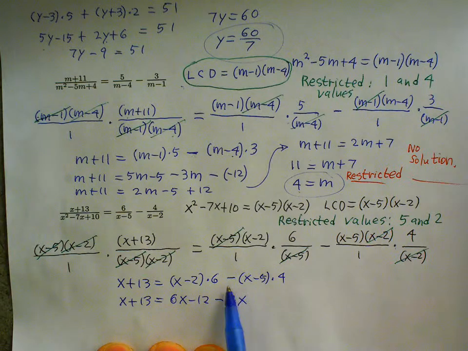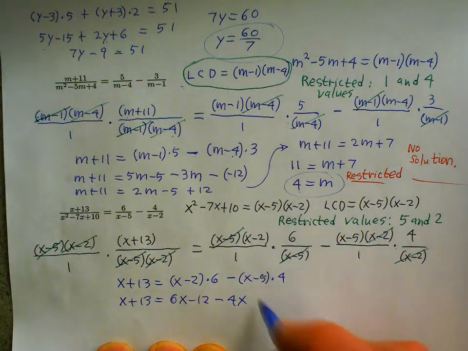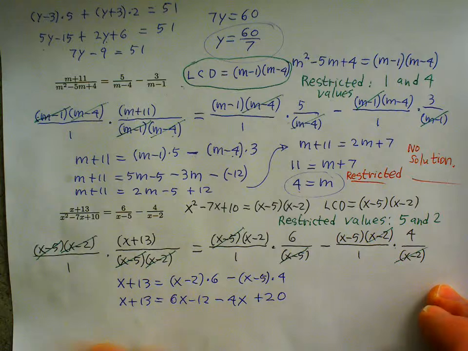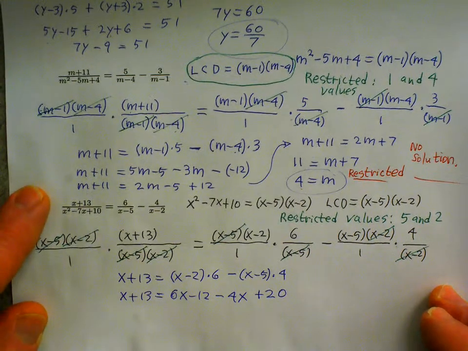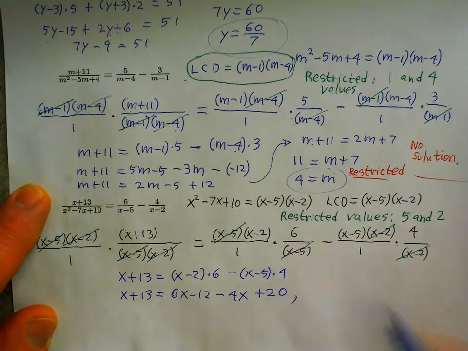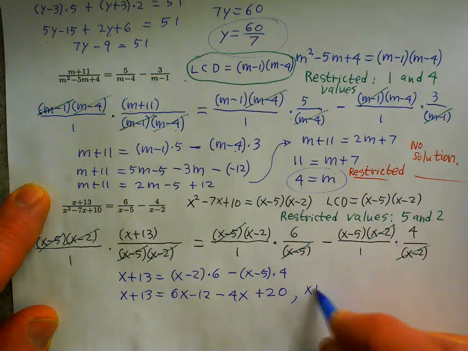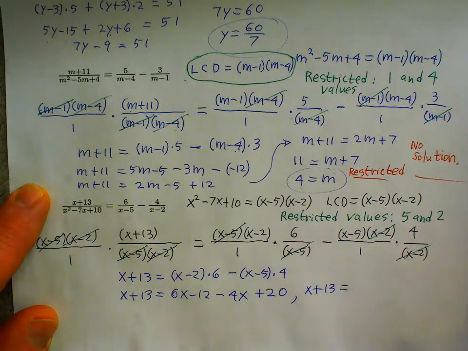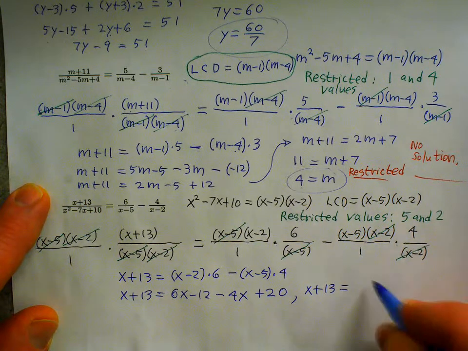Or another way to say it, we have to subtract negative 20. But if you subtract negative 20, that's equivalent to adding 20. Okay, on the right-hand side, we'll combine like terms. So we get x plus 13 equals 2x plus 8.